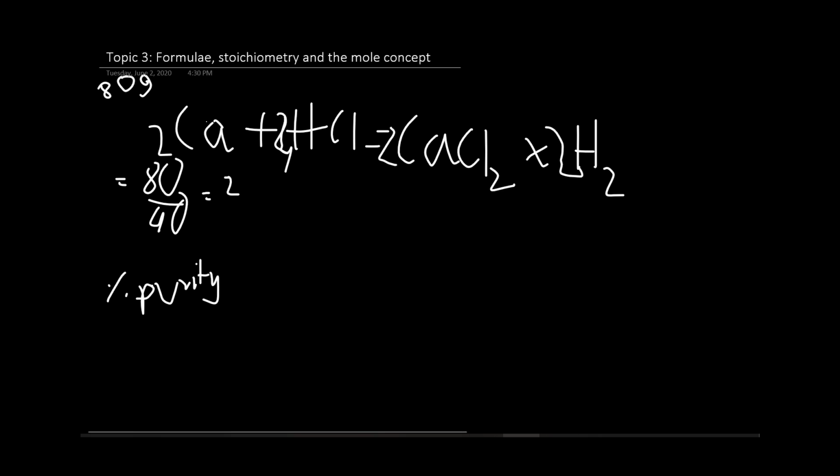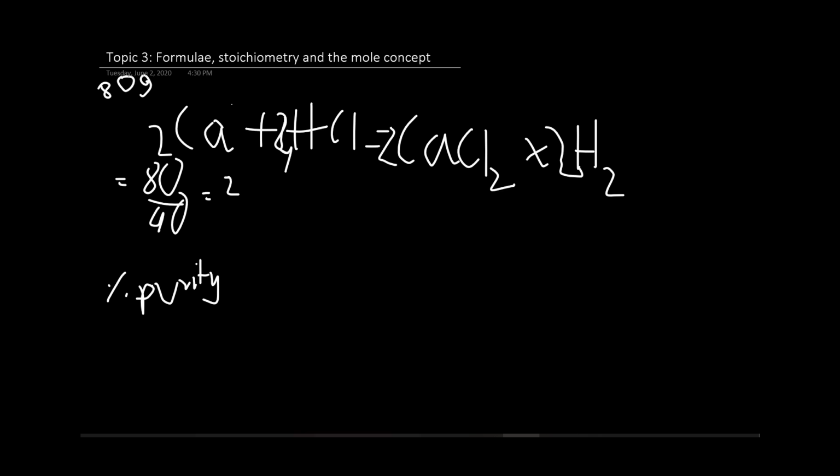They tell you that 2 moles of an impure sample of calcium is taken. Now you're asked to calculate the percentage purity of the sample of impure calcium that you have.